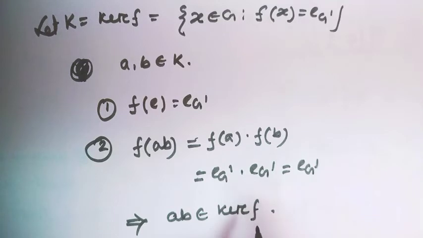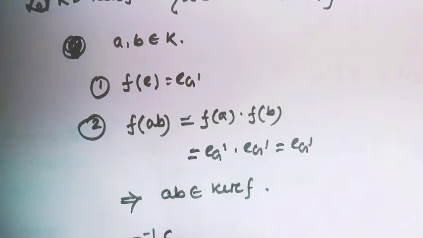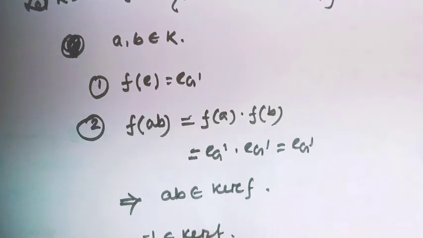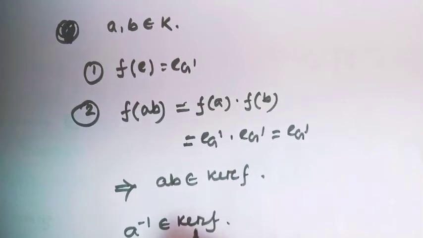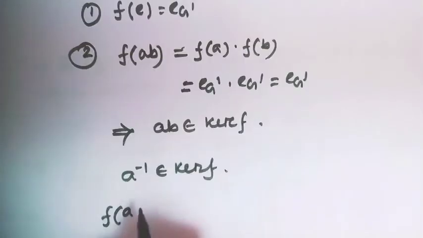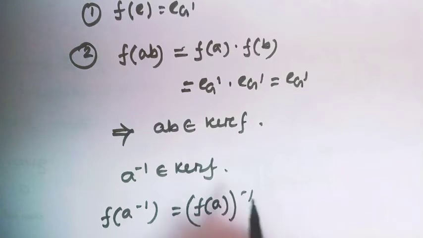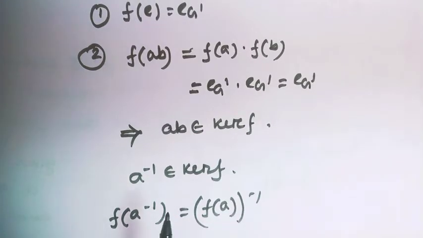Okay? Now we have to show a inverse is a member of the kernel of f. How? By the property of homomorphism, f of a inverse equals f of a whole inverse, because in a homomorphism, the inverse of the domain maps to the inverse of the codomain.